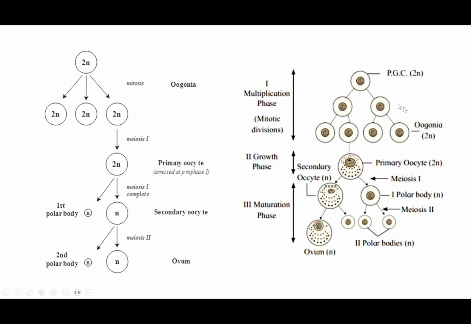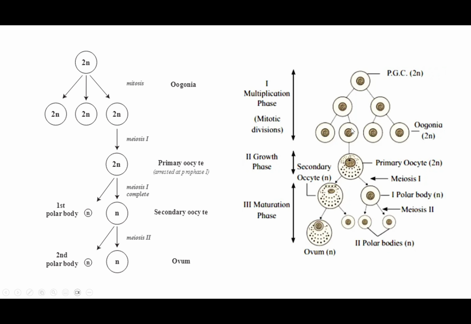And then we're going to have another mitotic division to produce oogonia. That's a multiplication phase of the mitotic divisions. Two mitotic divisions. And then we're following this track of one of the oogonia now to go through it.